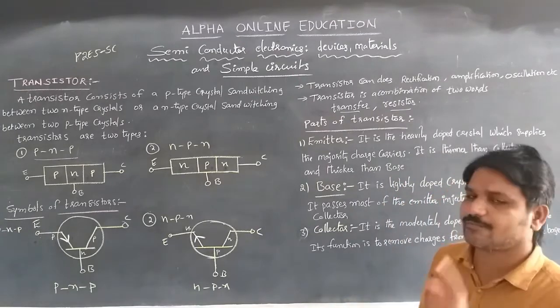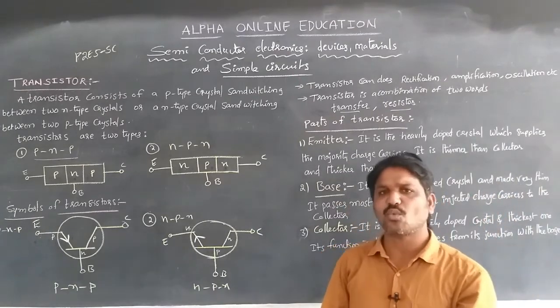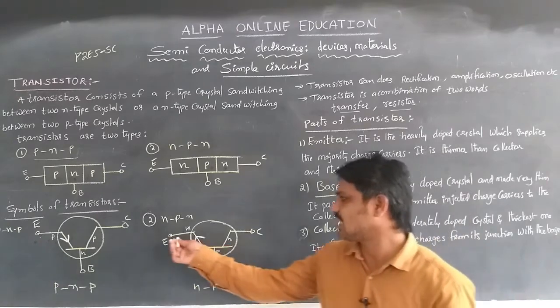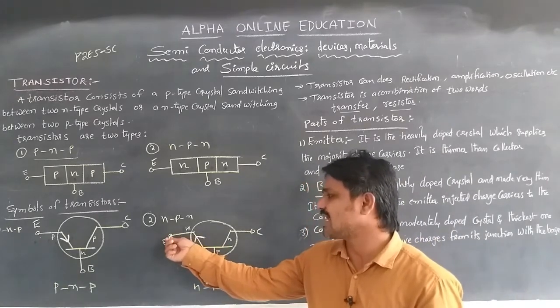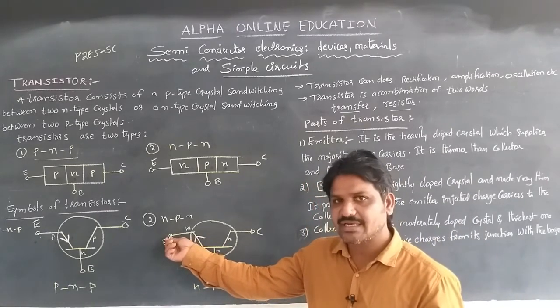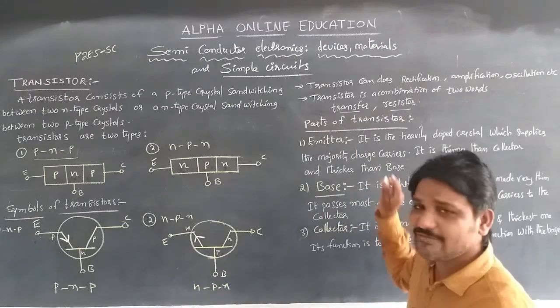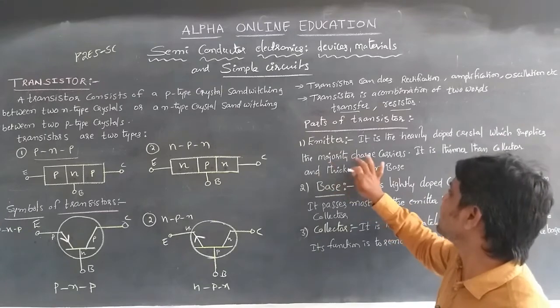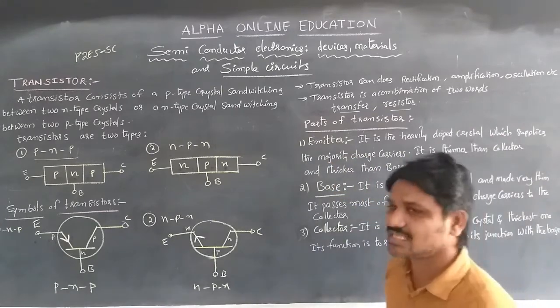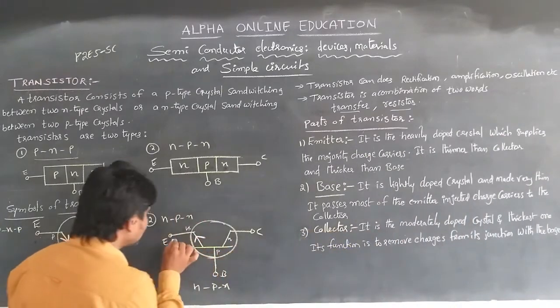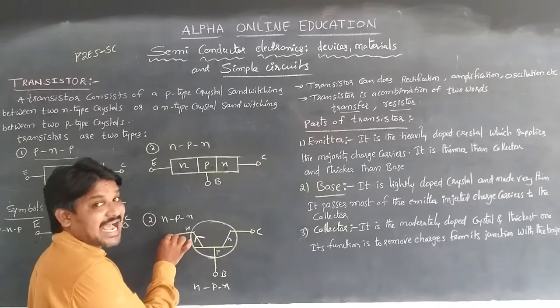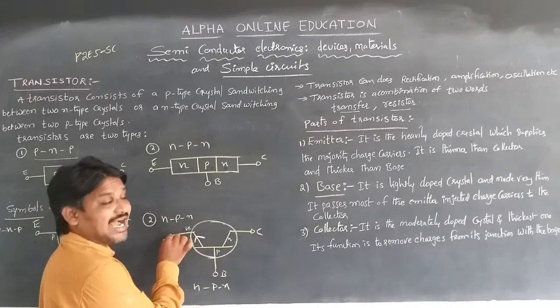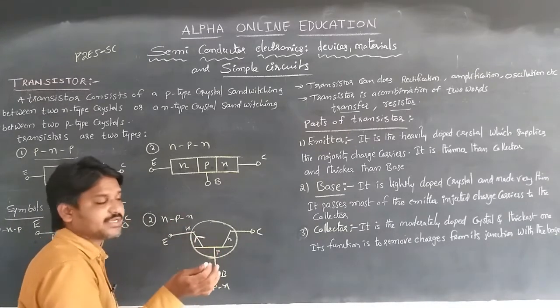First of all, the emitter. What is meant by the emitter? Consider this an NPN transistor. This terminal is the emitter. In this case, it's a heavily doped crystal which supplies the majority charge carriers. It is a highly doped crystal, either N type or P type, whatever it is.